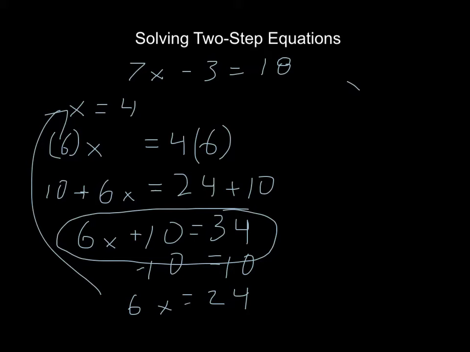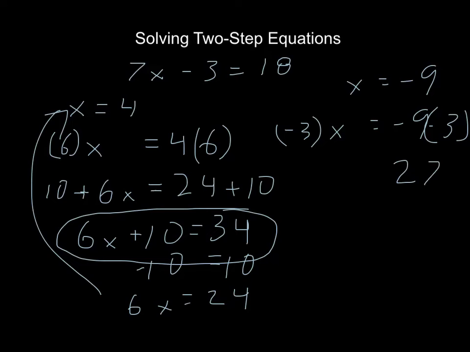Let's do one more. Let's say I want my x to equal negative 9. Now I'm going to make this a little more tricky. x equals negative 9. Let's multiply both sides by negative 3. Not subtracting by 3, I'm multiplying by negative 3, so this would be a positive 27. Negative 3x equals positive 27.